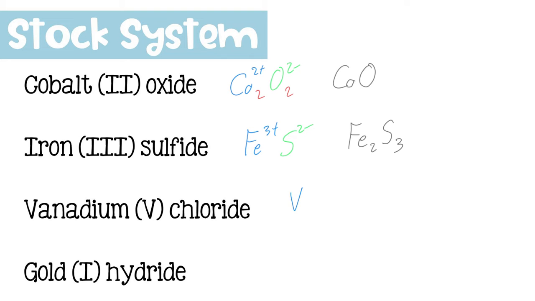Now for vanadium(V) chloride, we're going to use V with a +5 charge and Cl for chlorine, which has a -1 charge. Cross your charges and you get VCl5. Finally, let's look at gold(I) hydride.